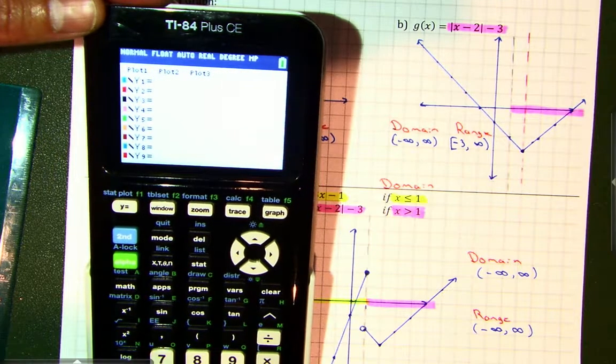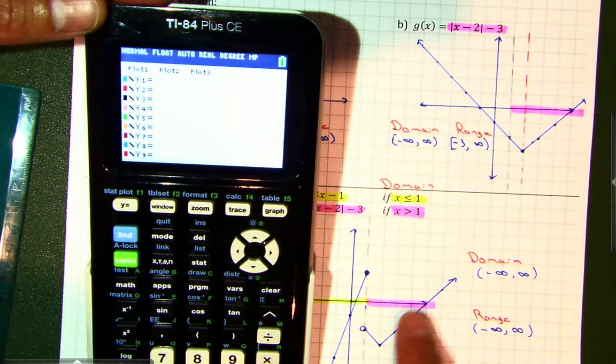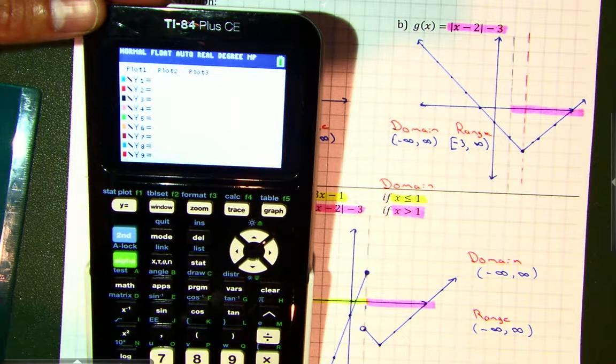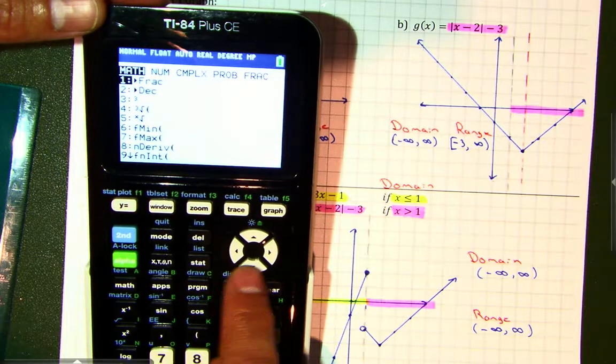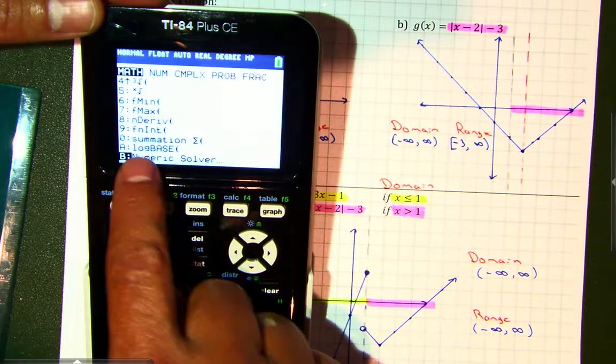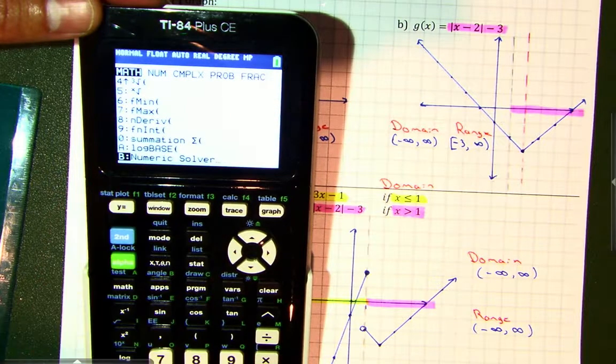But this is a piecewise function. Some of your calculators, if you go on the math, you might have a piecewise function in here if you have the latest operating system.